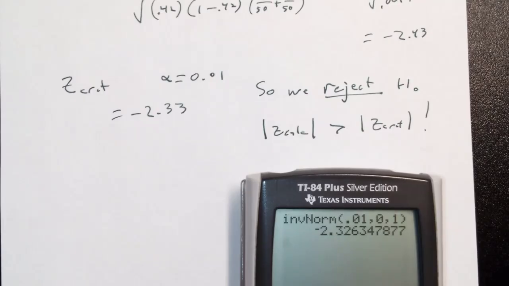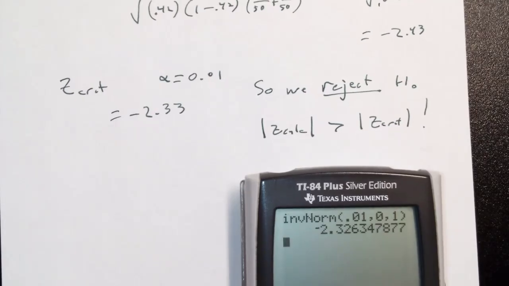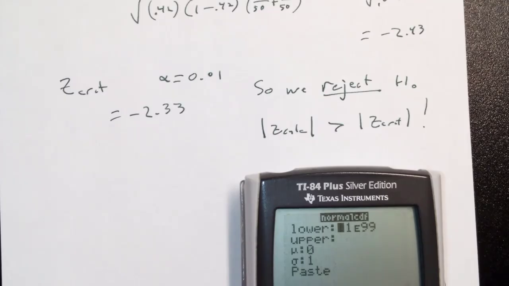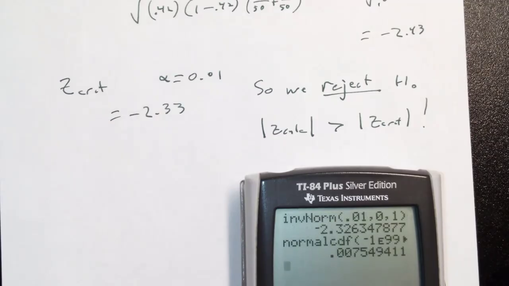If I want the p-value, I want the normal CDF. My lower bound is minus infinity, and the upper is negative 2.43. My p-value is 0.0075.